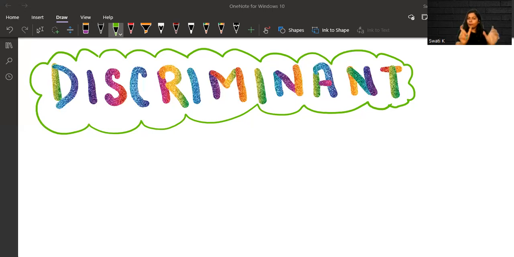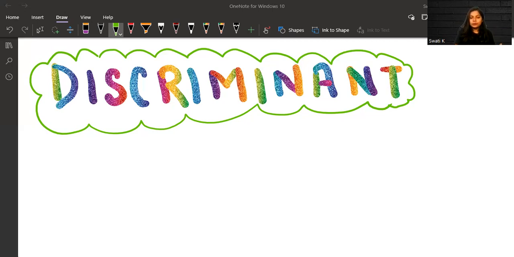So through this topic discriminant, we are going to see some formulas. With the help of formulas, how easier it is to find the nature of the root. Okay, so let's get started with that. We are basically going to study the formula directly.